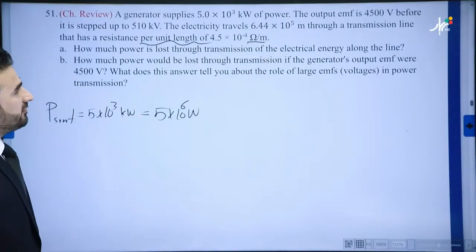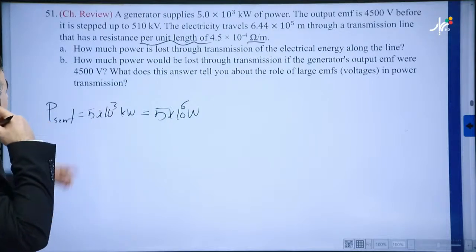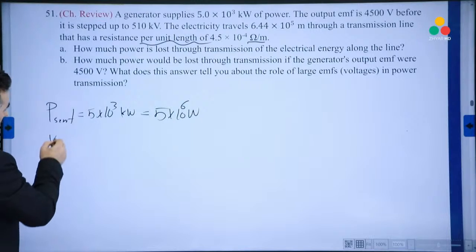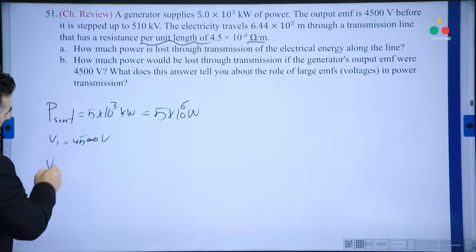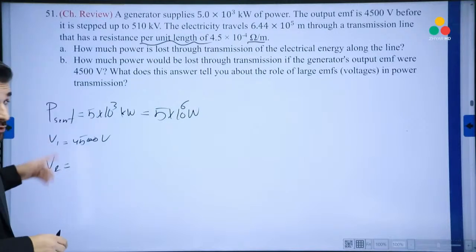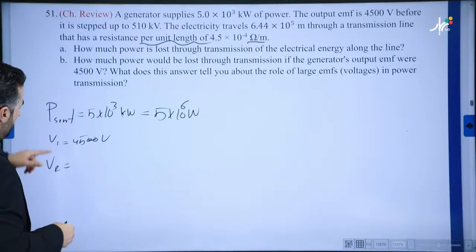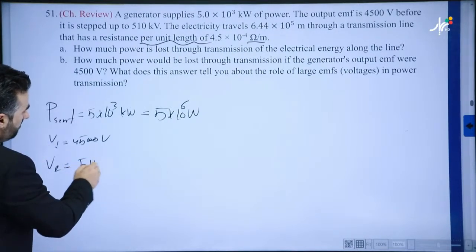The output electromotive force is 4,500 volt before stepped up to this much. So we can say the voltages given here: one of the voltages is 4,500 volt, the other voltage, let's say V2 here. By the way, these V1 and V2 don't mean a transformer, this is just 1 and 2, like this before stepping it up. This is after stepping up, which is 510 kilovolt.